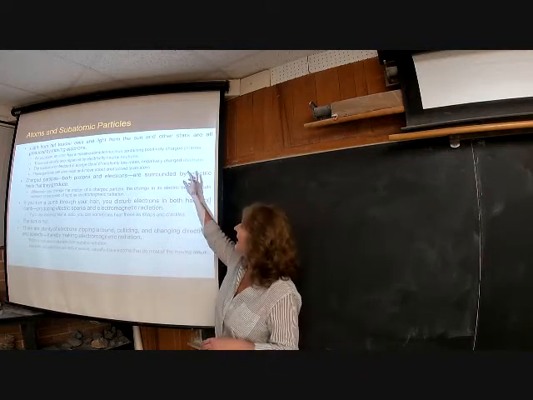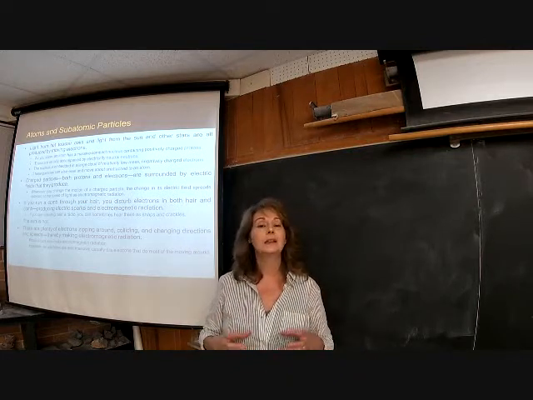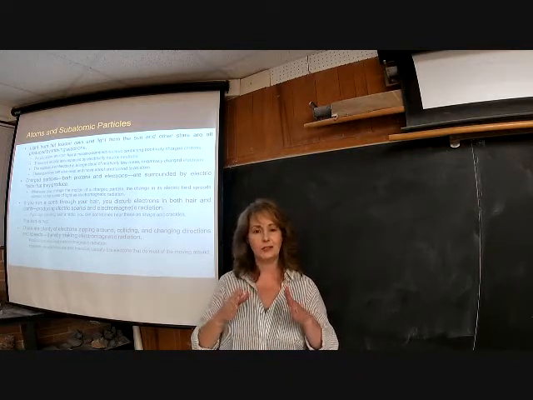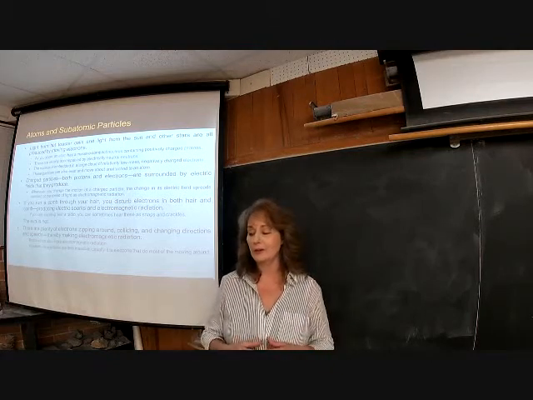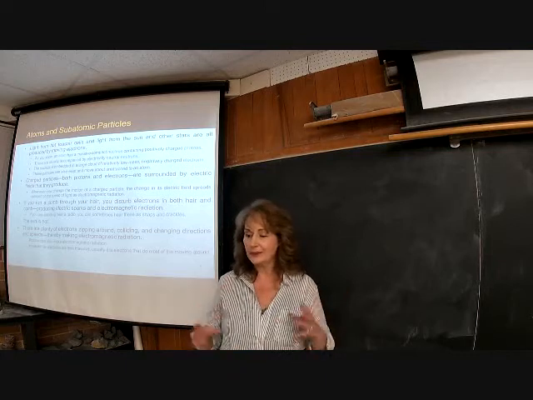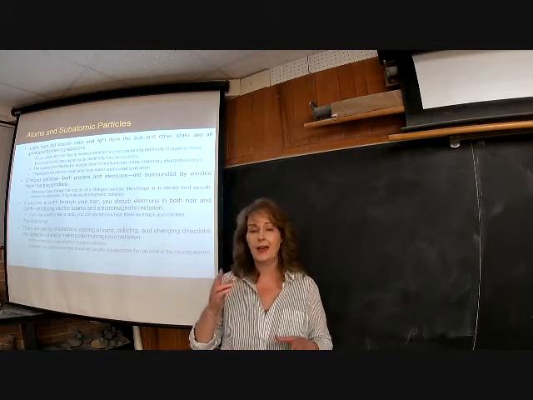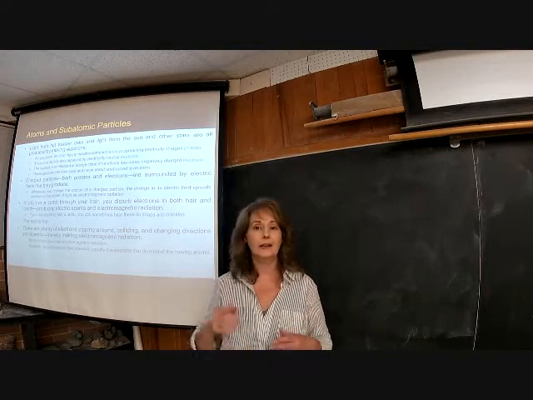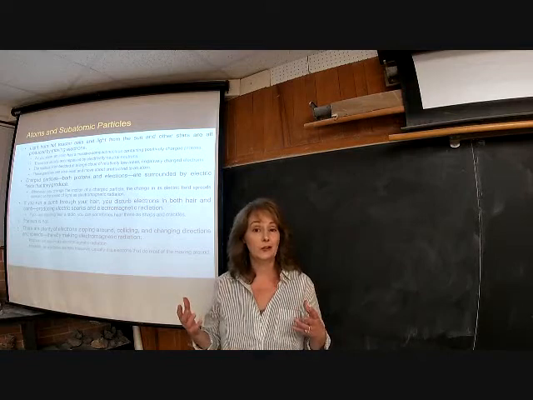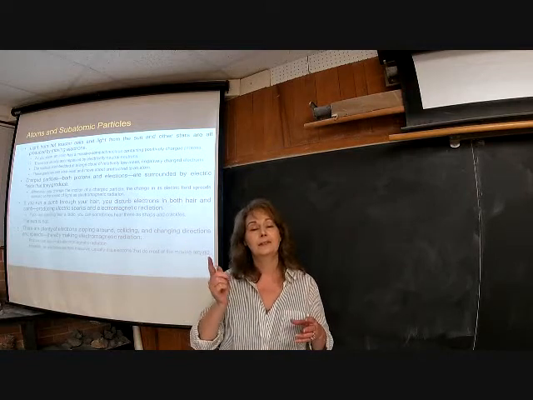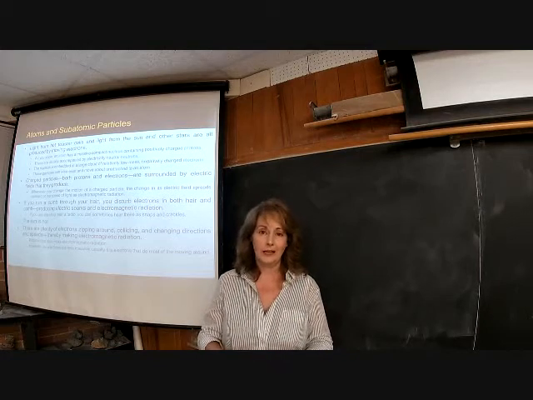And then here we have the very low mass electrons buzzing around in definite discrete energy levels, or shells we call them, outside of the nucleus. And these electrons can, when they get excited, jump up to higher energy levels, okay, and then they can fall back down to their stable ground state.